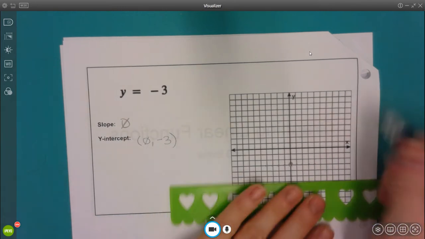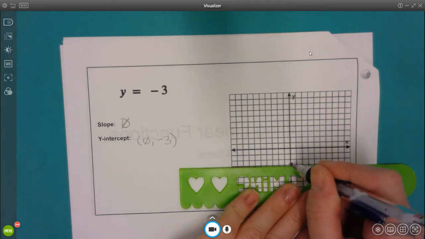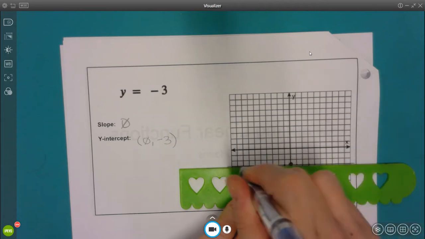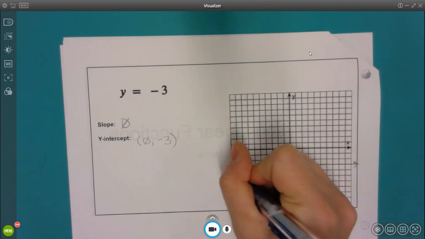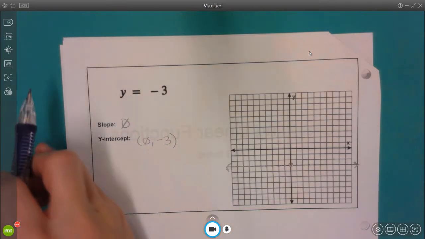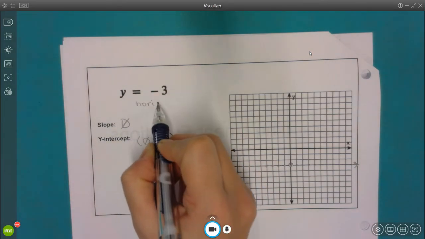So if I look at what that line would look like, make sure I actually make a straight line in this case. This is my horizontal line that shows all possible y values being -3. So anytime you see y equals some number, you're going to get a horizontal line.